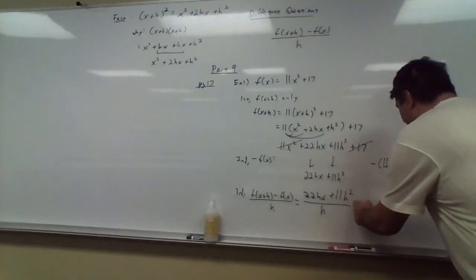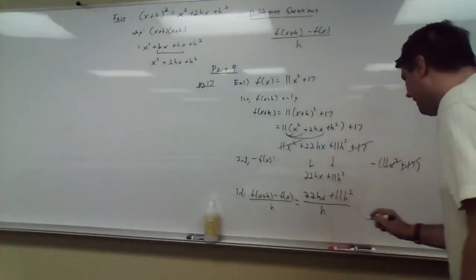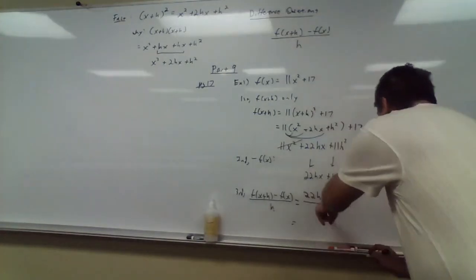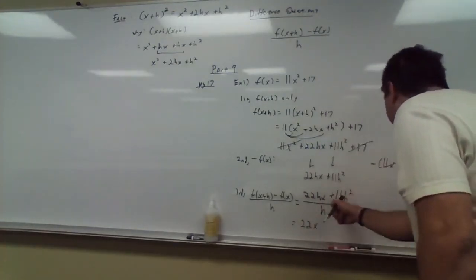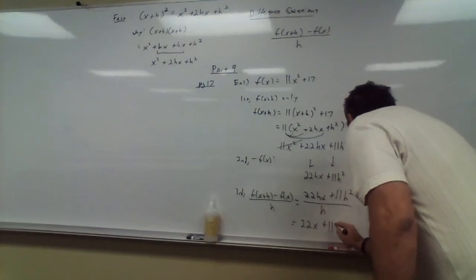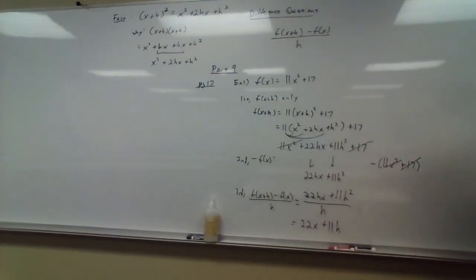And both of these h's are going to cancel. Okay, one go down a power. So that h will cancel, leaving 22x. And then 11h squared divided by h is going to be 11h. Okay?